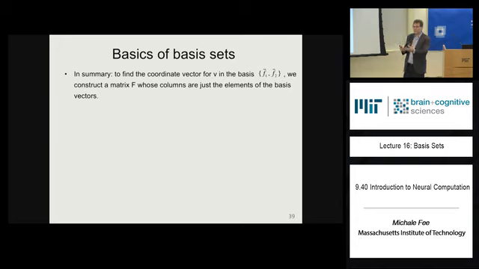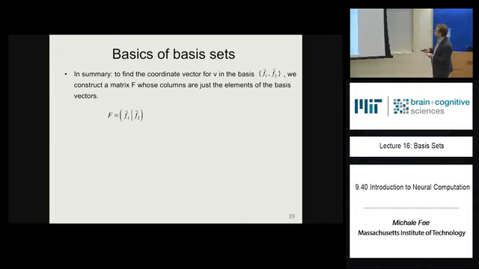And when you're actually doing this in MATLAB, this is really simple. You just write down a matrix F that has the basis in the columns, use the matrix inverse function, and then multiply that by the data vector.